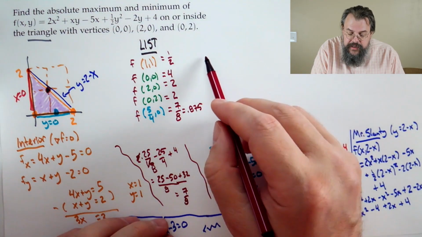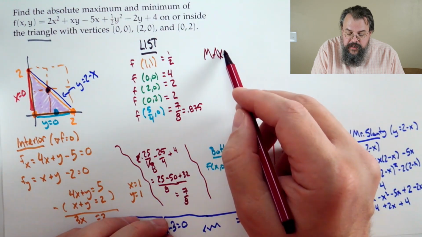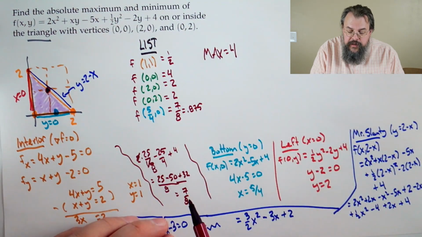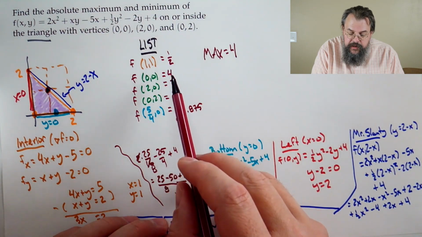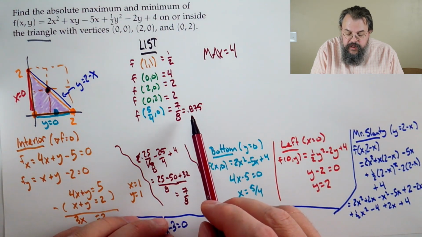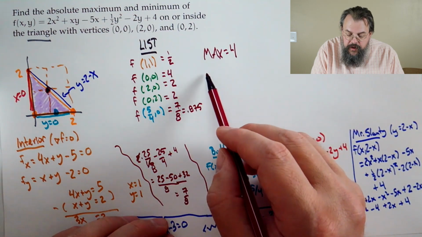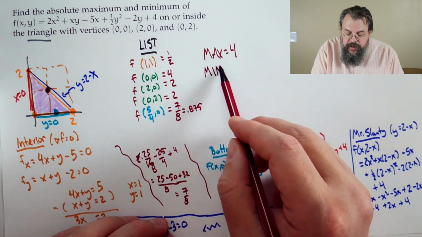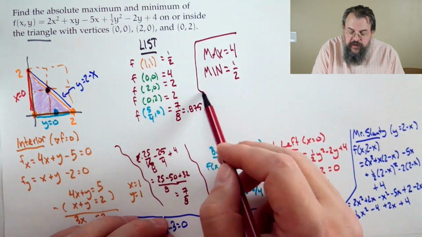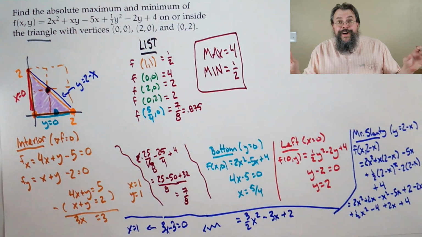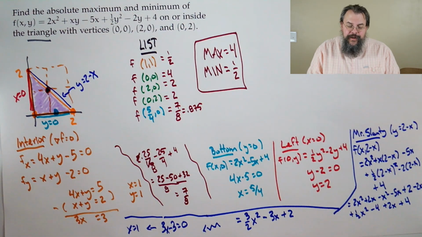So, our max is equal to 4. All right, which one's the smallest? Well, 1/2 is 0.5 versus 0.875. Okay, 0.5 is going to be smaller. And everything else is certainly bigger than 0.5. So the min is a half. And we're done. Good. Good.